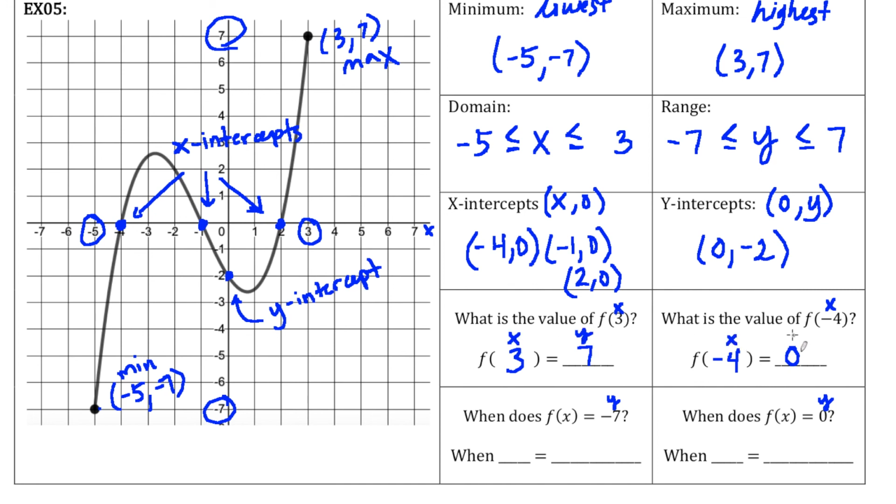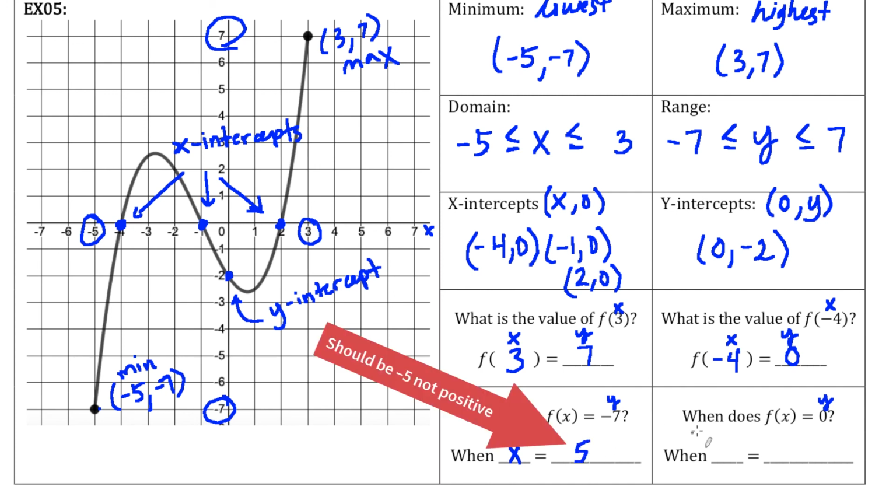Inside is x, outside is y. So it says, what's the x, basically, when y is negative 7? So let's go to where y is negative 7 here. And the x is negative 5. So when does f of x equal negative 7? When x equals -5.